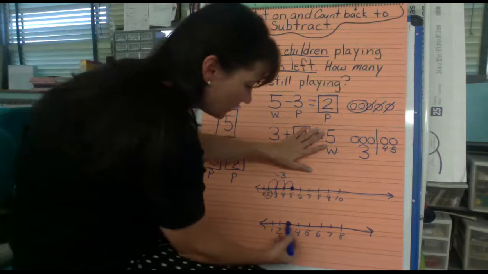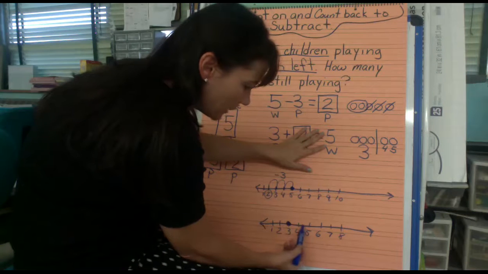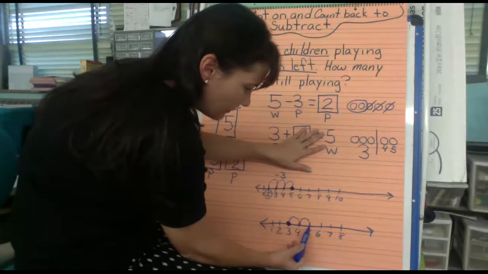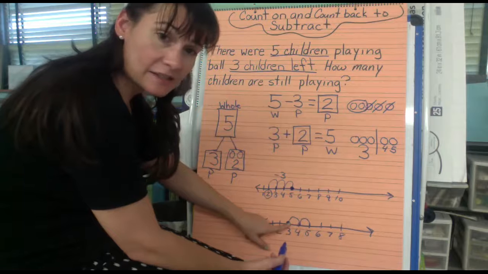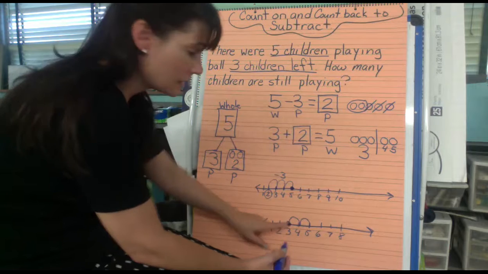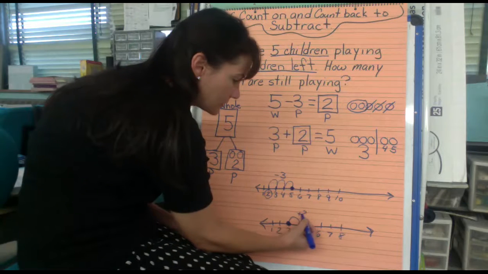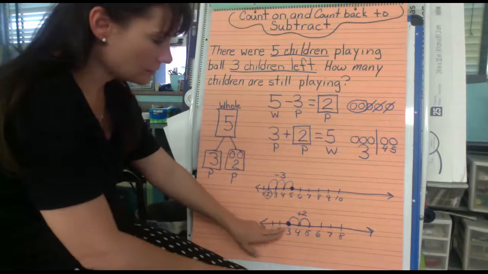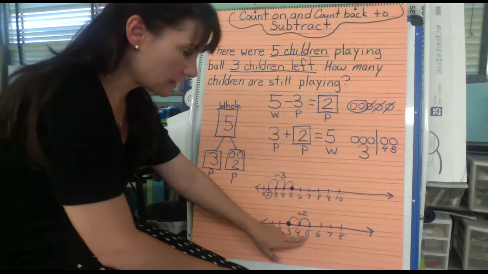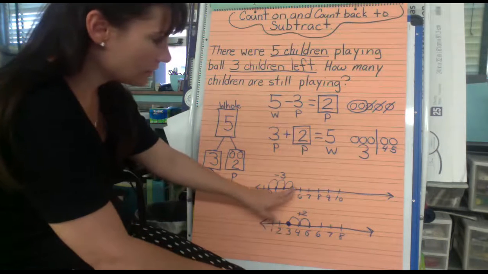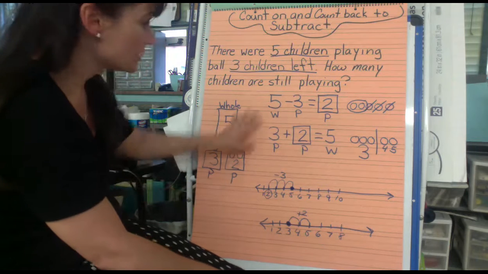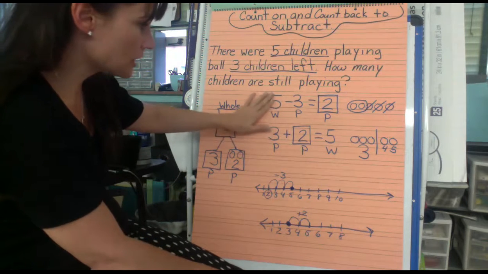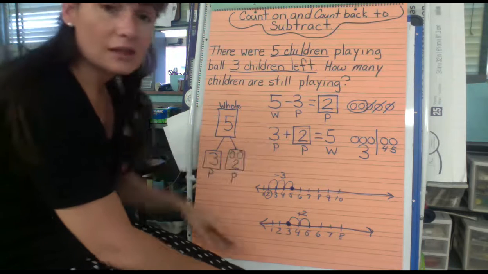So I'm going to count on until I get to 5. So 3, 4, 5. How many hops did I have to add to get to 5? I had to add 2. 3 plus 2 equals 5, and 5 minus 3 equals 2. You can see the relationship between subtraction and addition to help you solve.